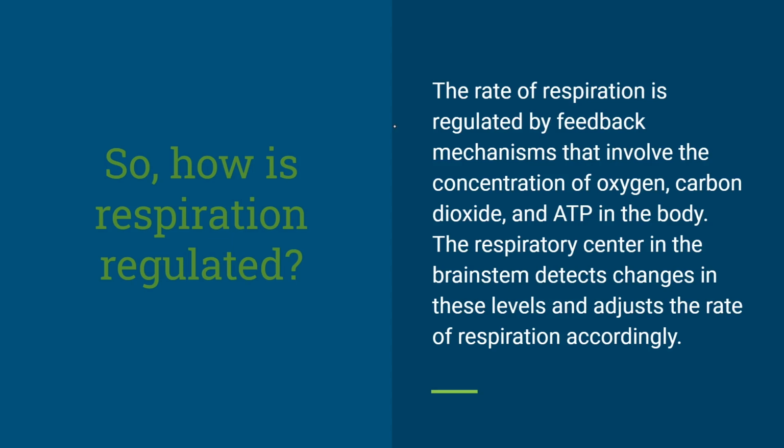So it just regulates the rate of respiration by looking at the concentration of oxygen, carbon dioxide, and ATP in the body. If there is less, they have to increase the rate. If there is more, they have to decrease. The respiratory center in the brain system detects changes in these levels and adjusts the rate of respiration accordingly.